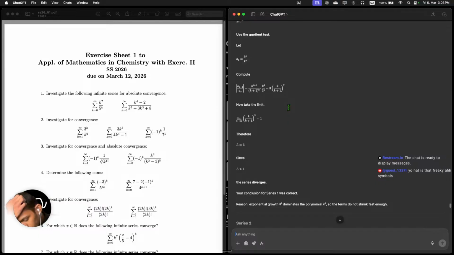Then we got, oh yeah, it kind of makes sense. It's one, so it's three. Which is also greater than one, so that's correct.